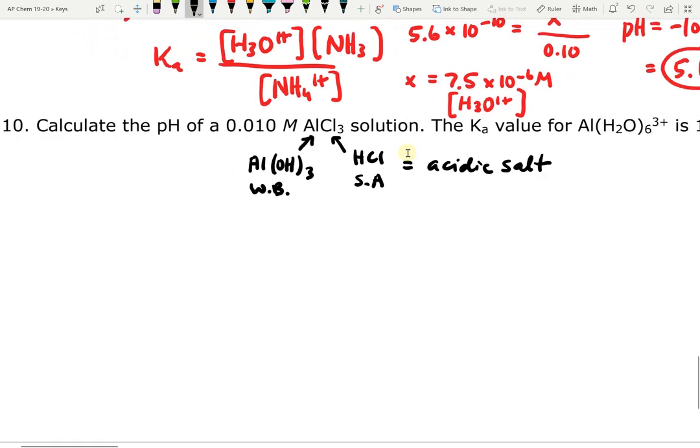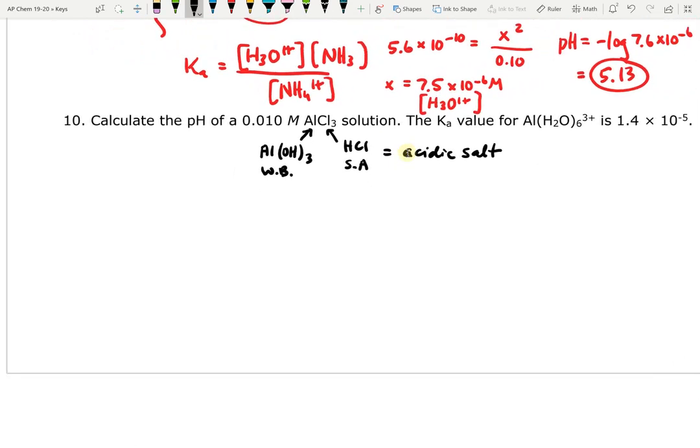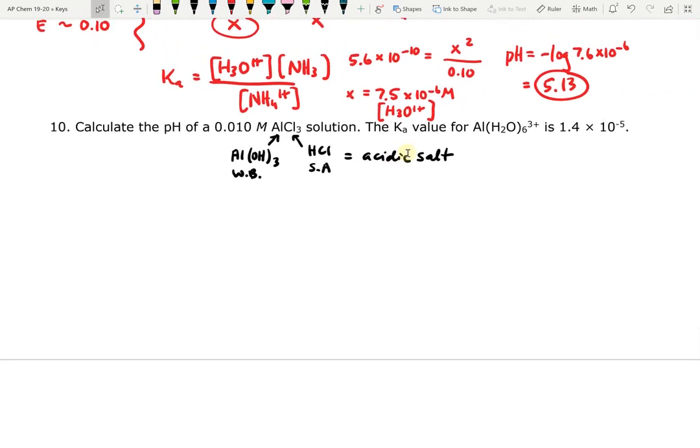And so that gets back to that complex equation, with aluminum hydrated, as they gave us up here at the top. So this one's a little bit different. The equation that shows the aluminum acting as an acid isn't just plain aluminum. It's actually aluminum with 6 waters.